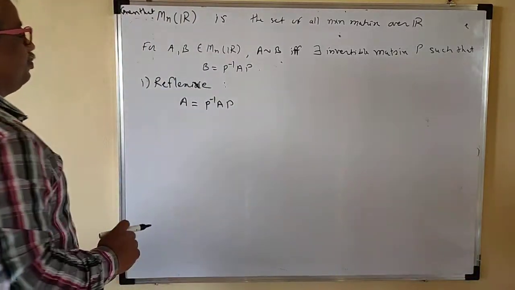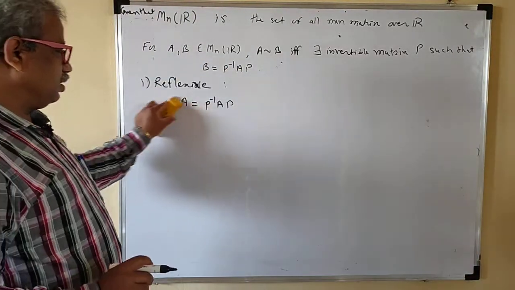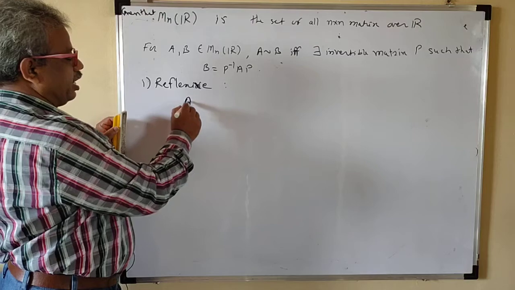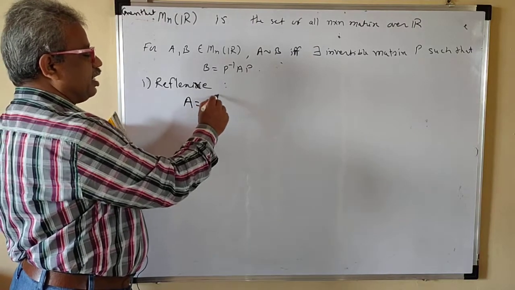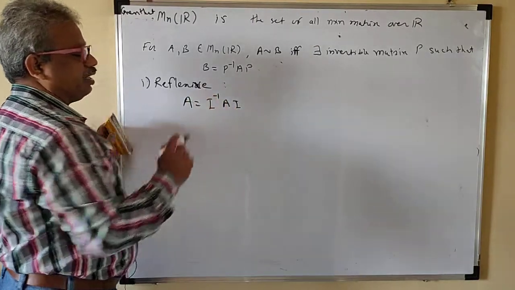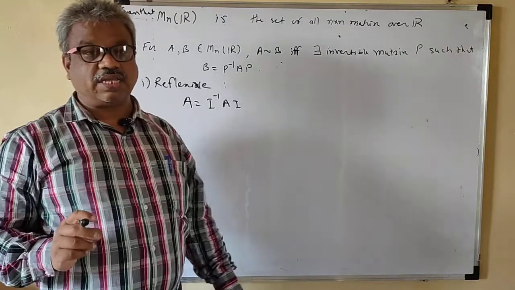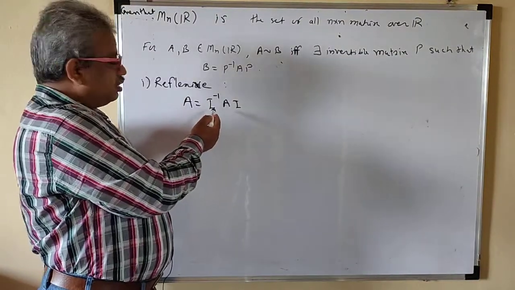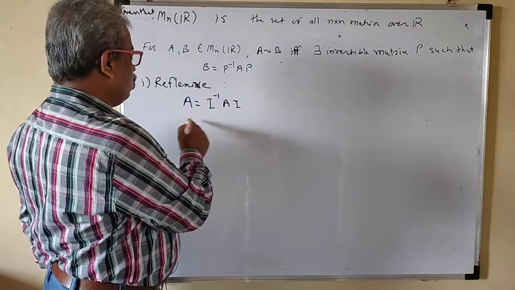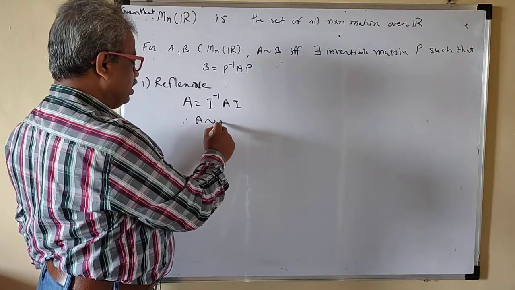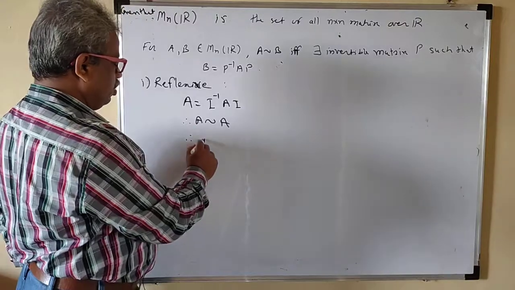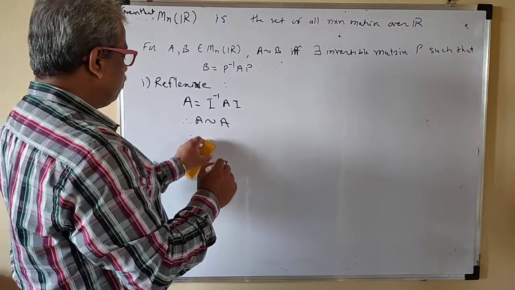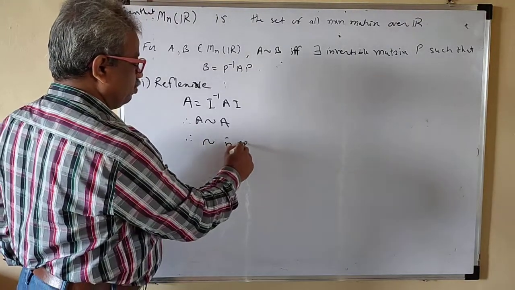If there exists an invertible matrix, see, for A, it is identity inverse A identity. You know that the identity matrix is always invertible. So there exists an invertible matrix I such that A is equal to this. Therefore A is related to A, and therefore the relation is reflexive.